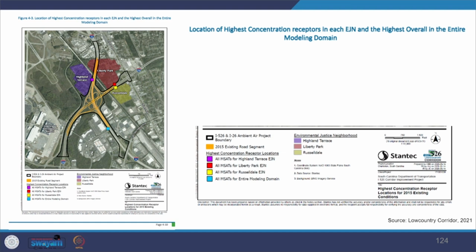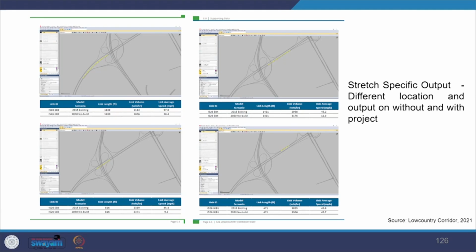I have just taken some snips from the report. You will see that the model is also providing stretch-specific output. You can see different locations and output without and with the project. In the bottom rows, against each of the images, you can see how the output values are varying and what the difference is.